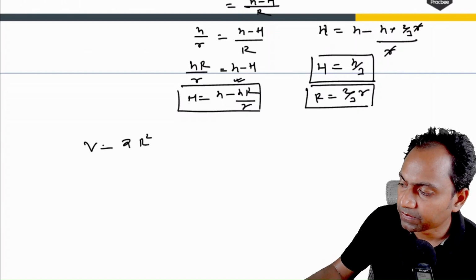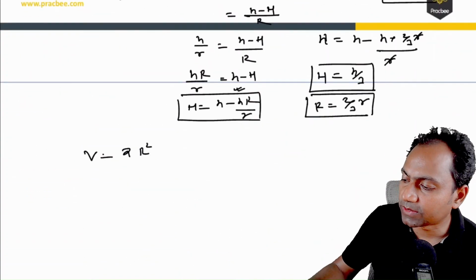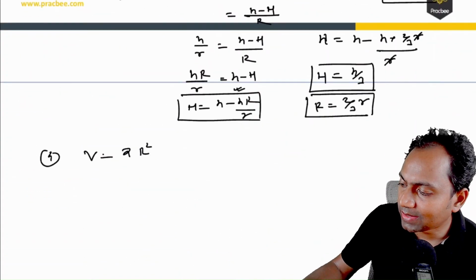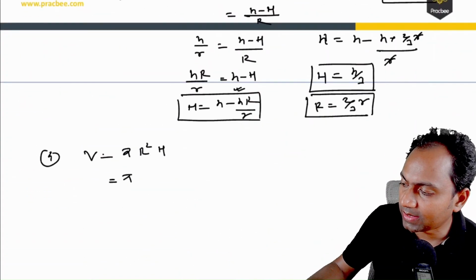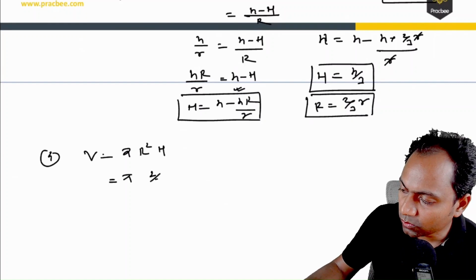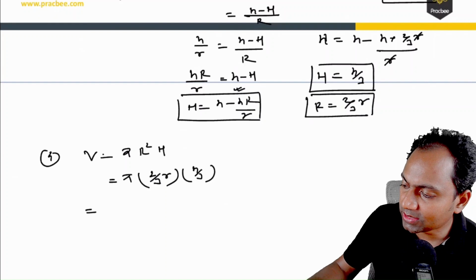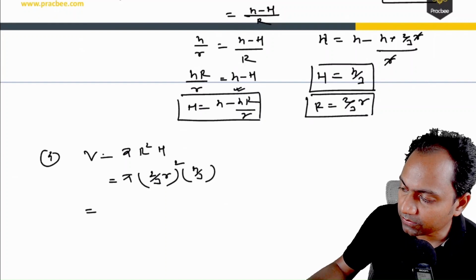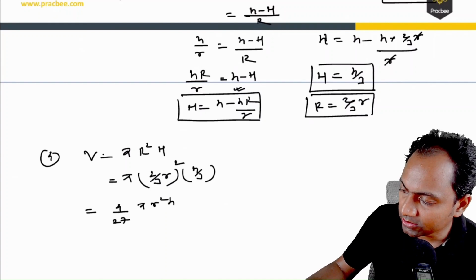This is my fourth step. Pi r square h. So r is 2 by 3 r, and h is h by 3. If I consider this value, what I am getting from here is 4 by 27 pi r square h.